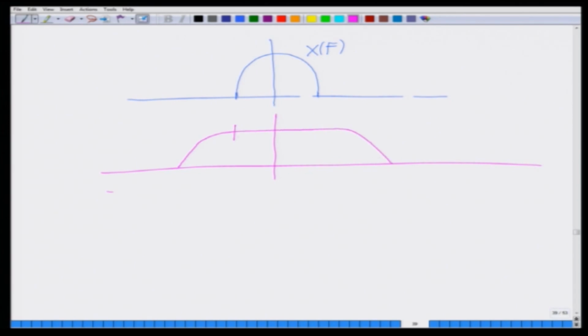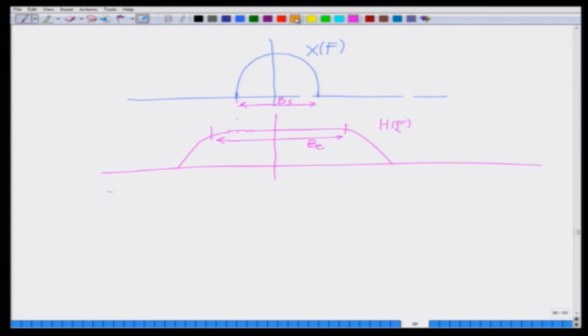You can see the bandwidth of the signal, Bs, is less than the bandwidth of the channel, Bc, that is the flat portion of the bandwidth of the channel.